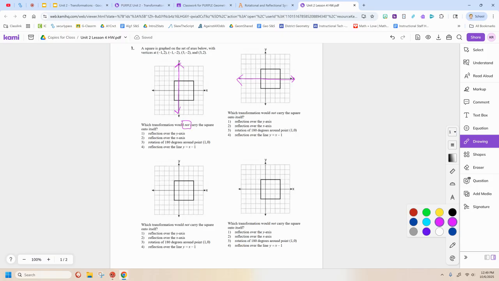Where is the point 1, 0? Does it turn out to be this point right there in the center of the square? So this is choice C, or choice 3. This was choice 2. This was choice 1.